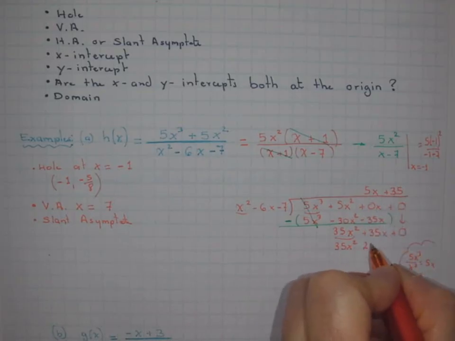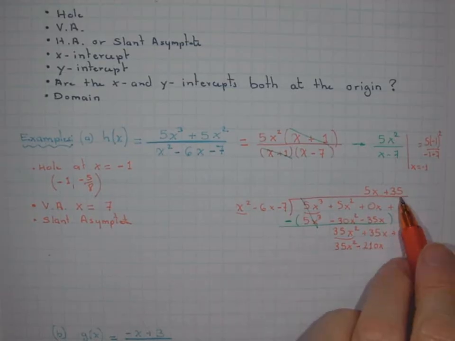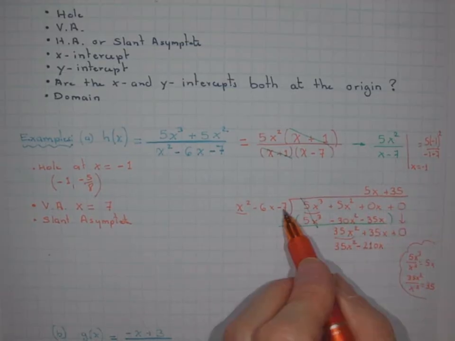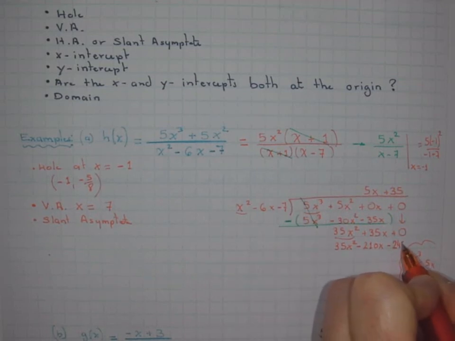Yeah, 210. And I want a negative there. And then 35 times negative 7 will be negative, so just one more 35 than that, right? So negative 245.